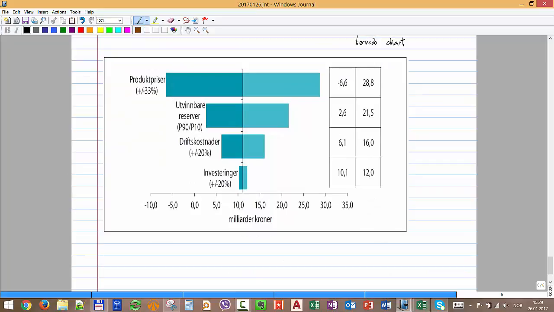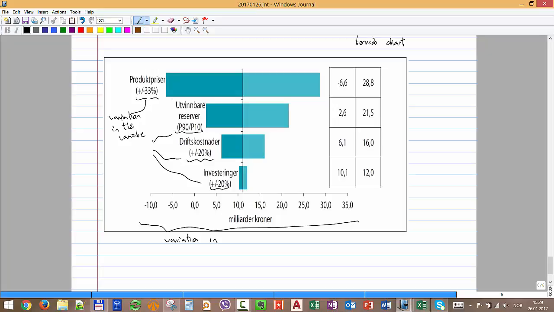So that's the variation. This 20% is the variation in the variable. This plus minus 20% that I told you, 10%, etc. Okay? And on the x-axis we have the variation in NPV that each one of them gives.